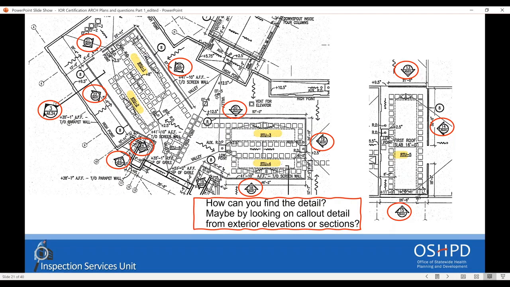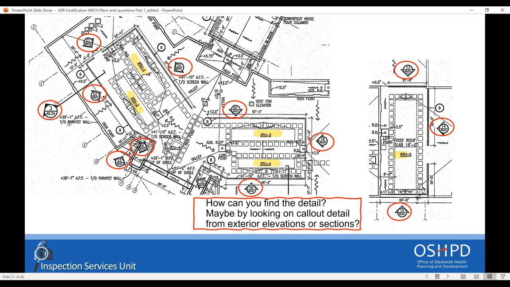We explained at the beginning that certain information you can't necessarily find on a specific drawing. Remember also, drawings are not perfect, so maybe you don't have straight information right away. How can you find the detail? Maybe you need to look at the section on the left that says 3A 6.24.